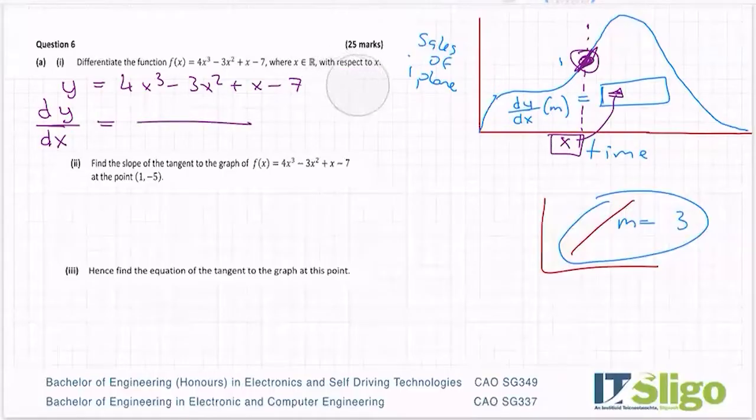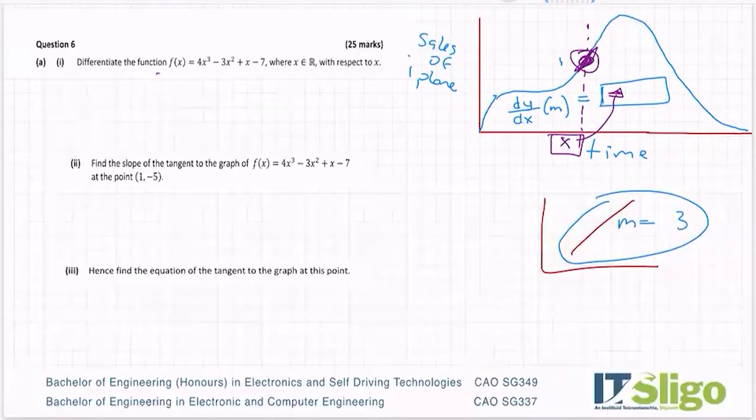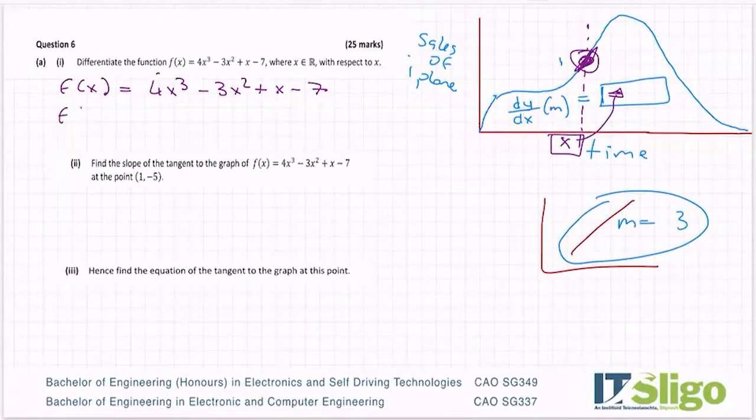So you'll see that terminology around the place. Dy dx. The other one you see is what's written here. f of x is equal to 4x cubed minus 3x squared plus x minus 7. To show that this is the differentiated bit, you'll see this little dash up the top, f dash x. So that means this is the original function, this is the differentiated version.